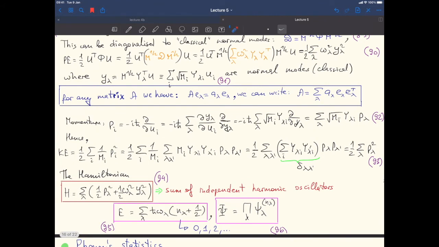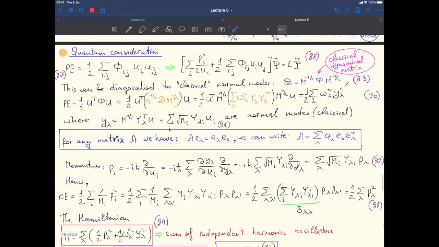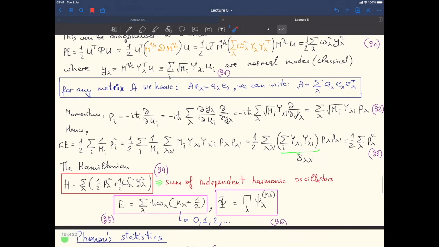Combining these two results together allows us to replace this Hamiltonian, which was originally written via our old coordinates, displacements and momenta, via new coordinates. And now, because these two terms are represented as a sum of individual terms for each lambda, we can also write this Hamiltonian as a sum of individual terms.